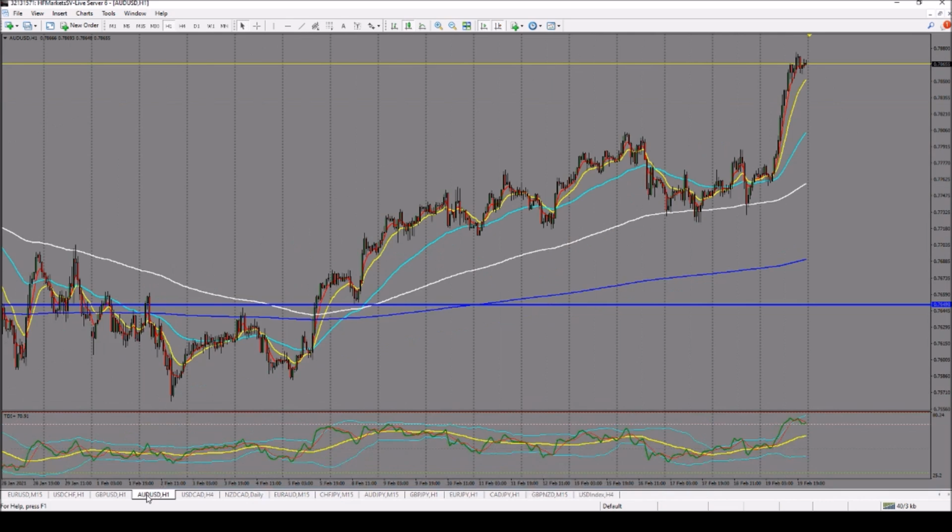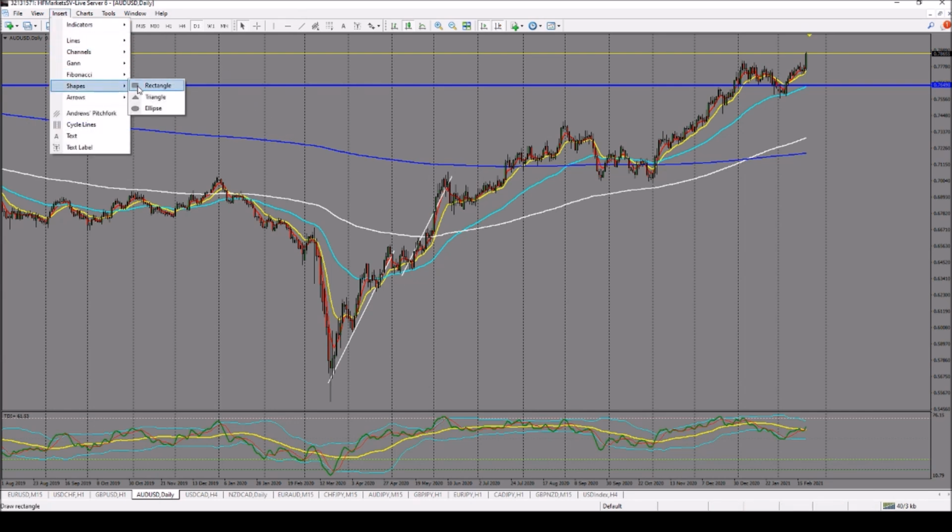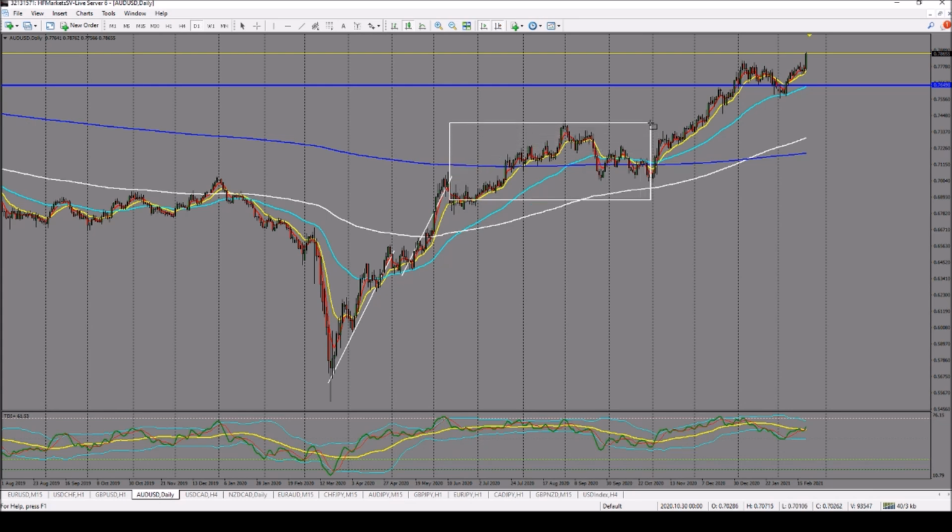Then on AUD against US, we can see that this pair has had almost three impulses of rise. We had the first one, after that we had the second one, and then a period of consolidation.